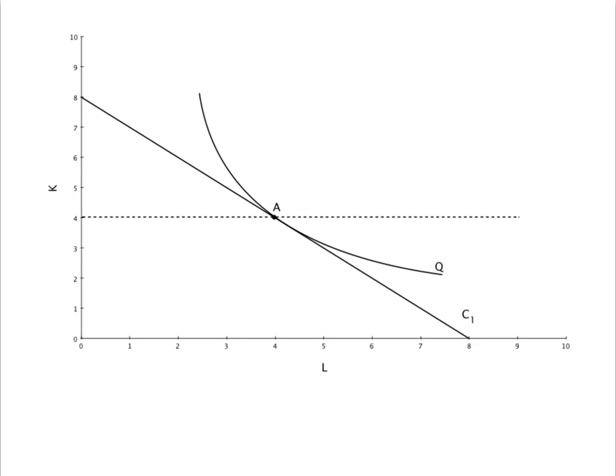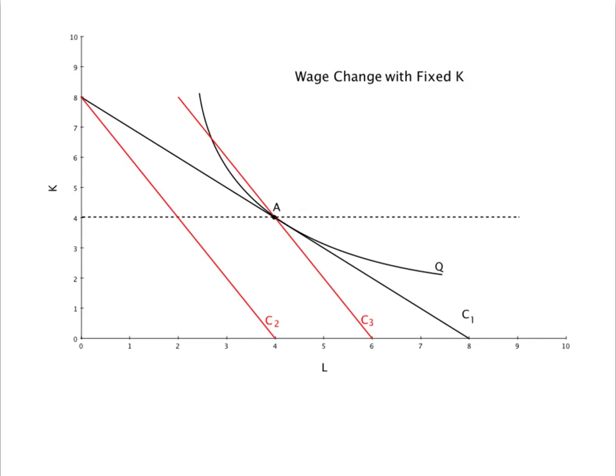Now, suppose the wage doubles to $20 per hour. $80,000, now represented by isocost line C2, will no longer cover the cost of producing Q. If capital is fixed at 4 machines, it will now cost the firm $120,000 to produce that same output.